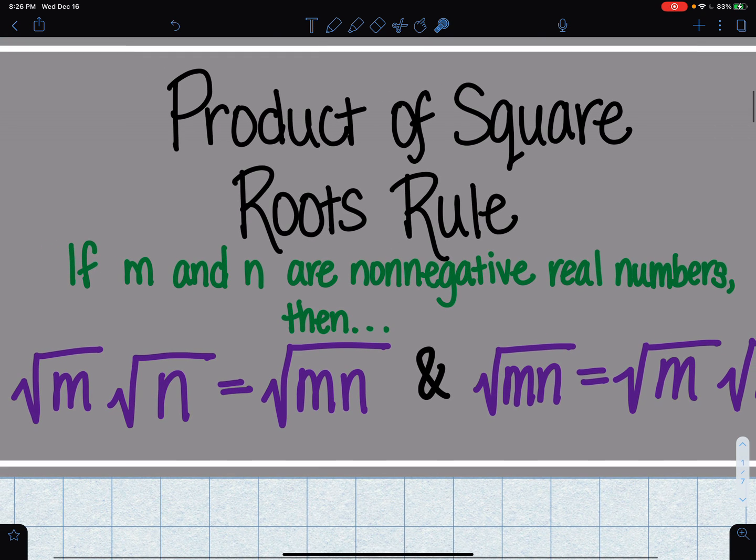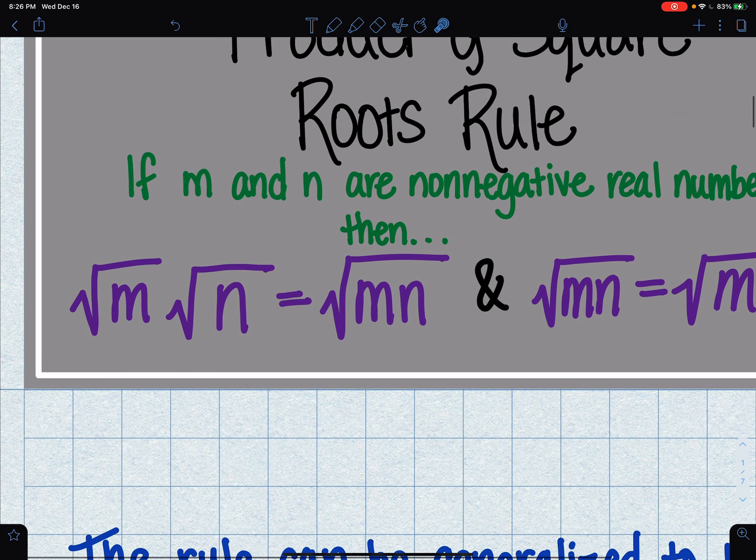It says, if m and n are non-negative real numbers, then the square root of m times the square root of n is equal to the square root of m times n. So basically, if there are two separate square root signs multiplied together, you can push them together into one big square root sign. And I'll show you why that's actually important.